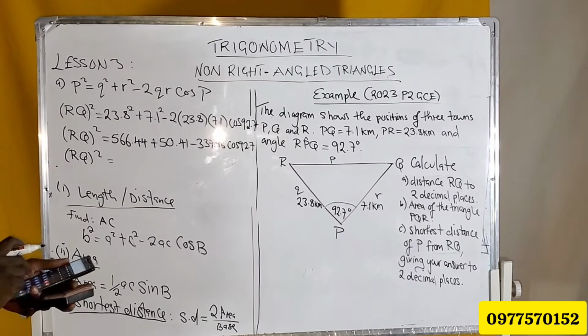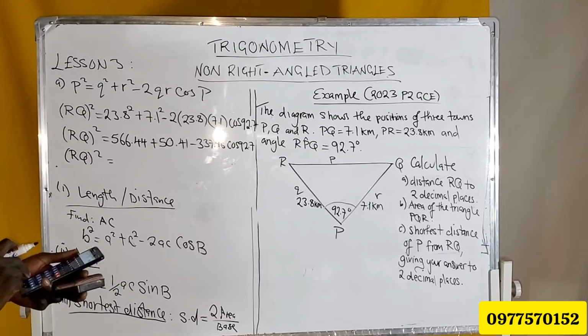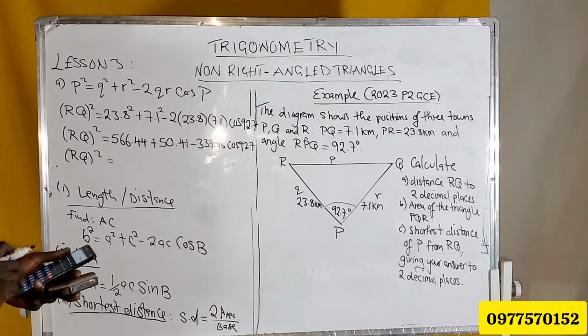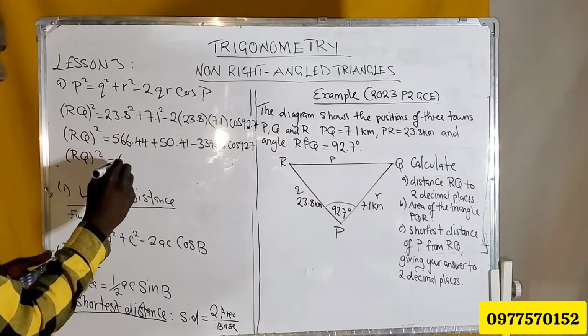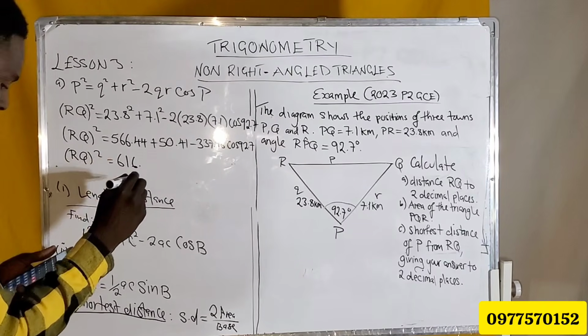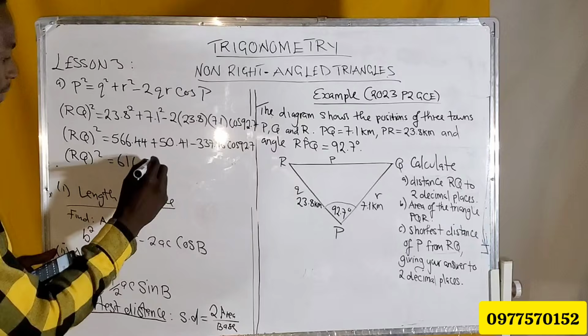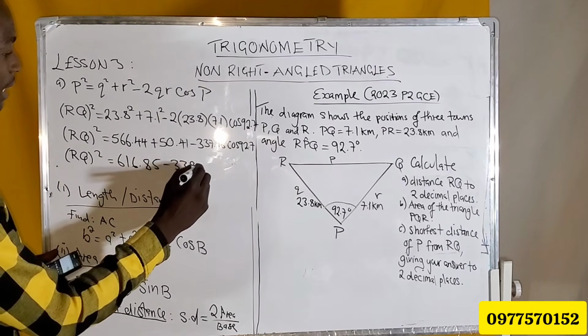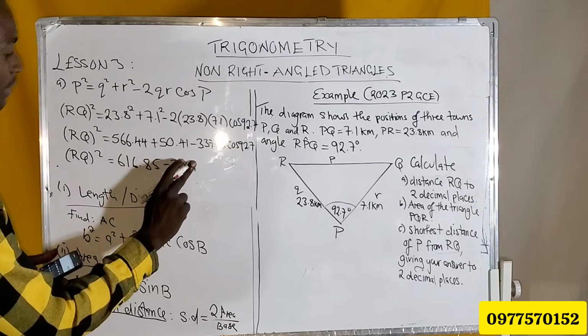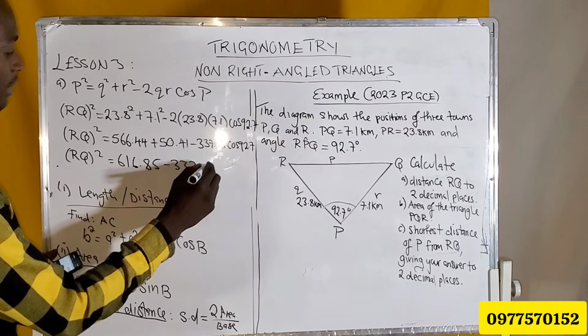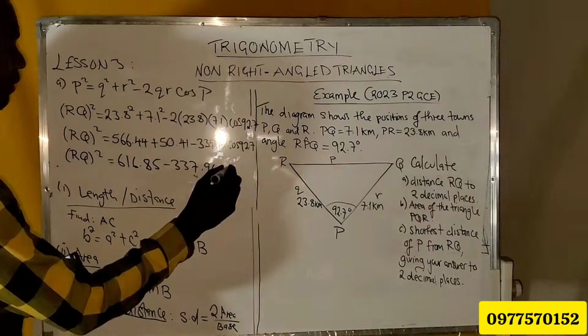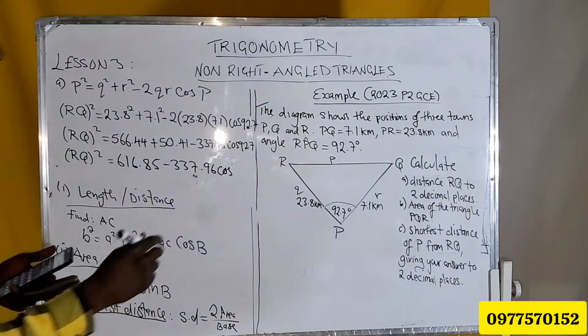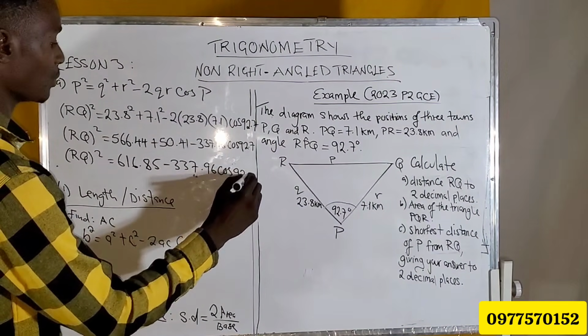So we're going to say 566.44 plus 50.41. Okay, it's giving me 616.85 minus 337.96 cos 92.7.